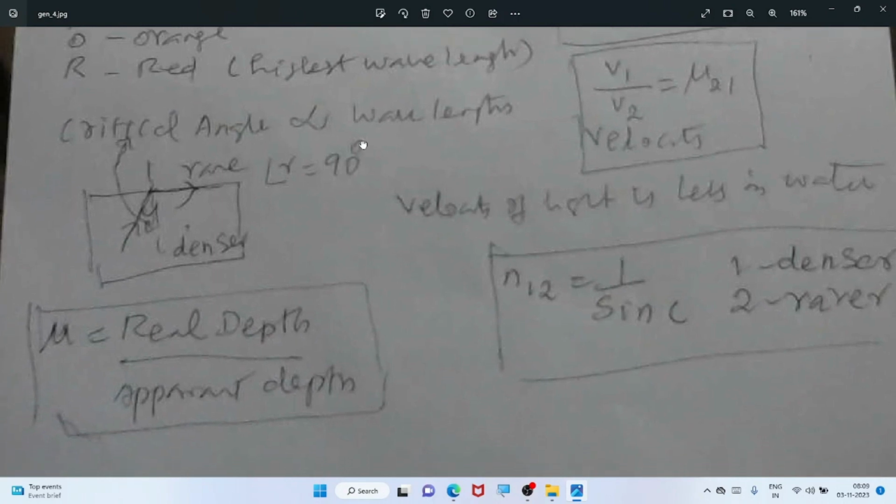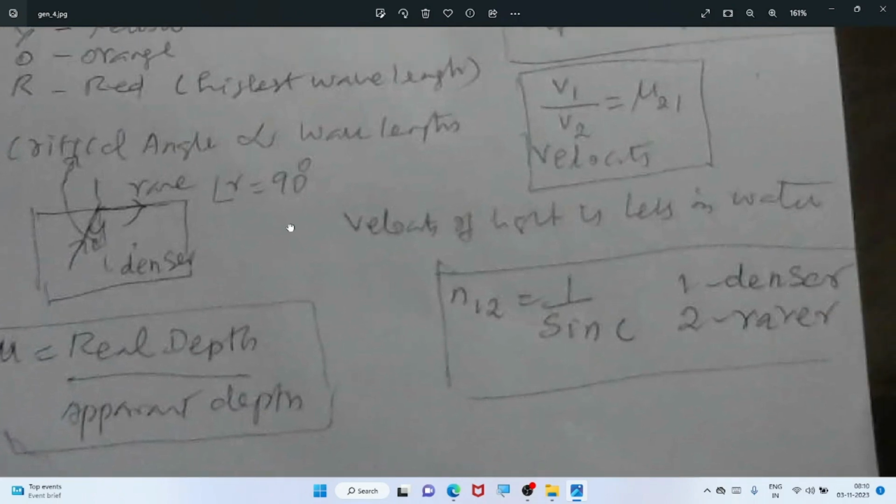Critical angle, I already told you, is the incident angle at which the refracted angle is 90 degrees when light travels from a denser to a rarer medium. The velocity of light in water or glass is less than the velocity in air. So, with 1 as the denser medium and 2 as the rarer medium, the relation between refractive index and critical angle is: refractive index n equals 1 by sine of the critical angle.